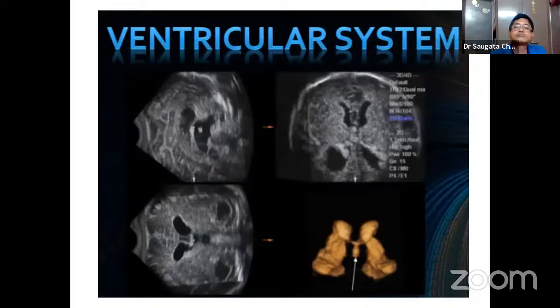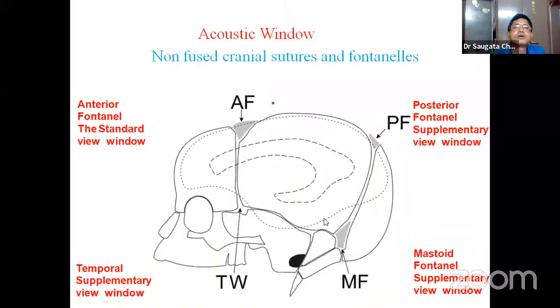With the temporal view or axial view, or the mastoid view, we can see the ventricular systems. For the acoustic windows, the commonest area we use is the anterior fontanelle.